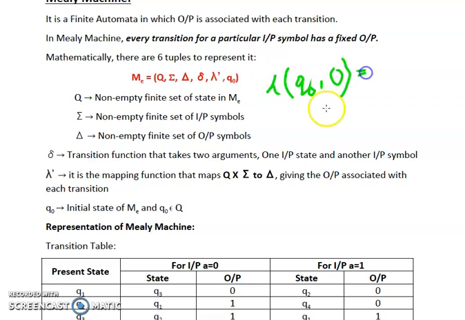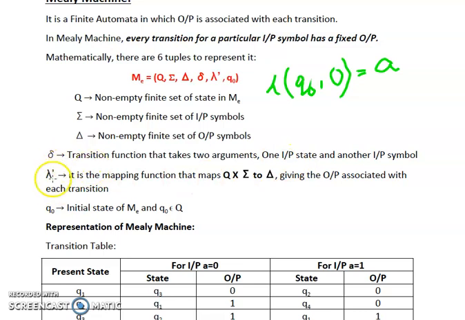Now it will give us the output corresponding to this particular transition. So when we are on the state Q0 and we are taking the input as 0, it will tell us the output associated to this transition. Let's say for example the output is A. So it gives the output associated with each transition.